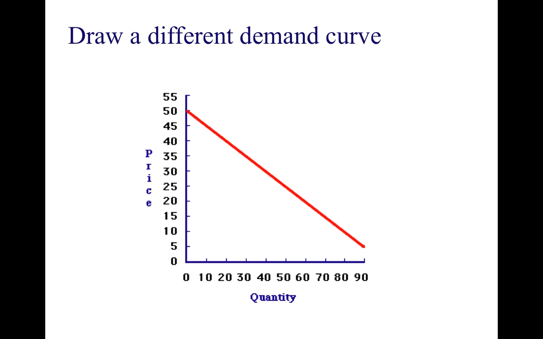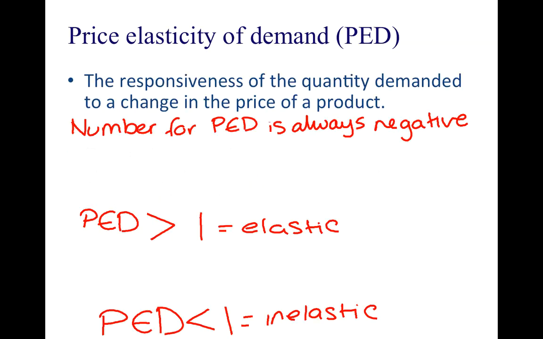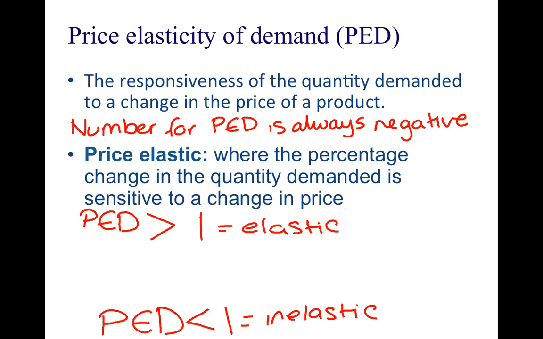So if you get a positive number, there might be something that you've done a little bit wrong. But because PED is always negative, you don't actually have to put the negative in, because it doesn't really tell us anything about the number because it always is negative.